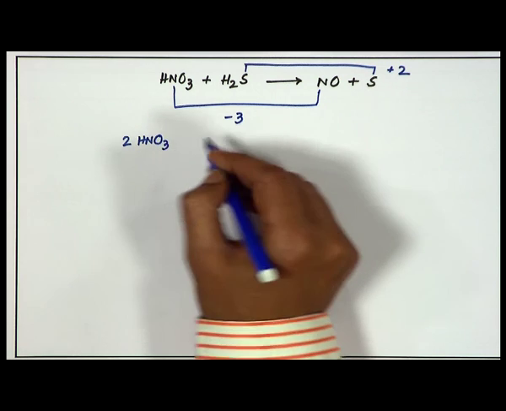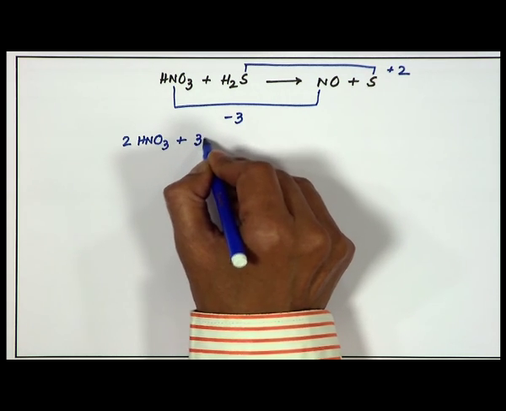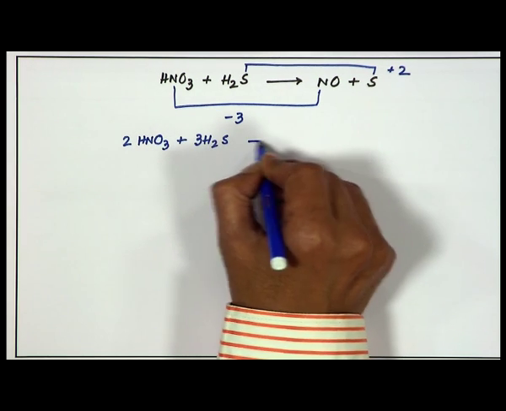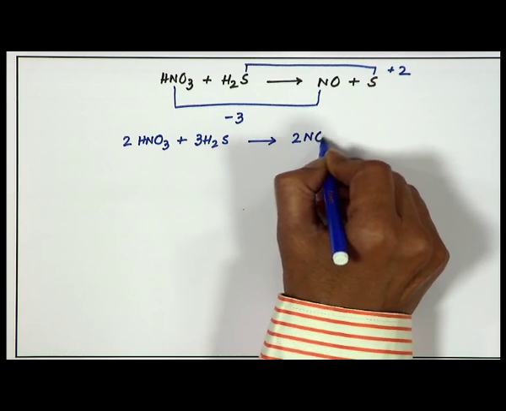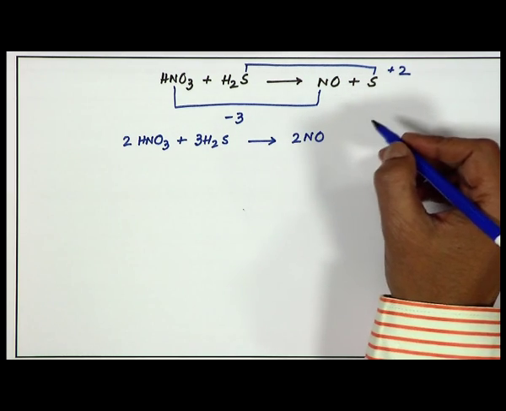So the reaction will go like this: twice HNO3 plus thrice H2S will give the liberation of nitric oxide, which is a very interesting molecule.